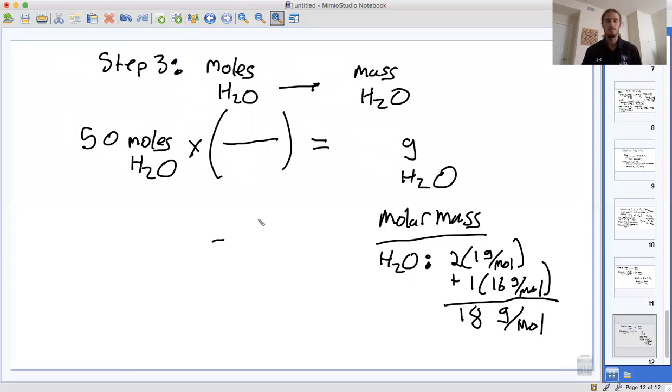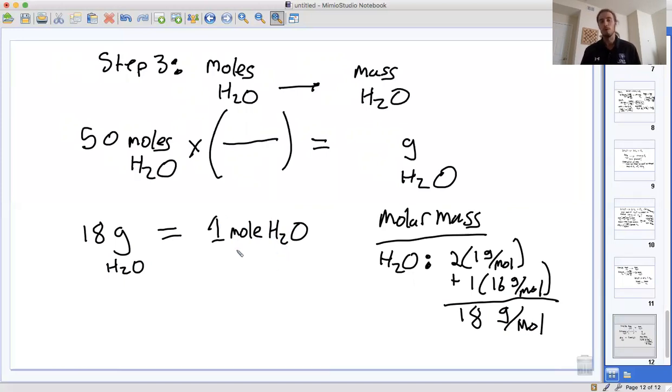Which means that 1 mole of water equals 18 grams of water. 18 grams is 1 mole, right?